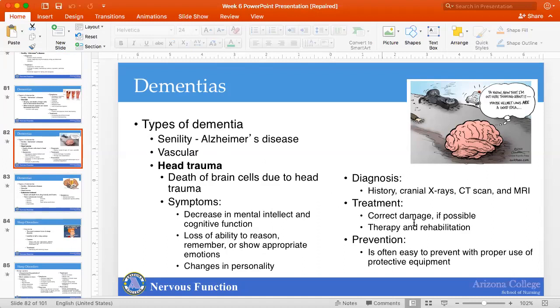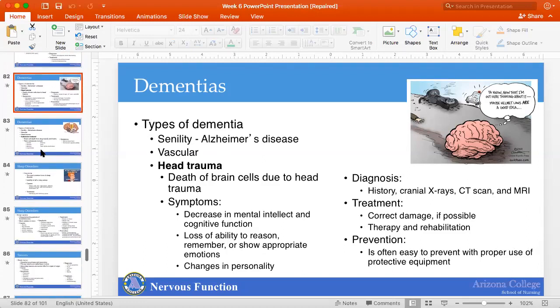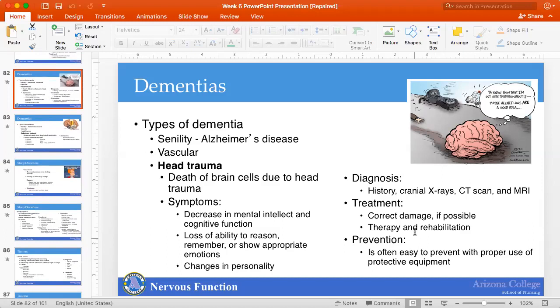Treatment: looking at correcting damage, if possible. Therapy and rehab. It's often easy to prevent with proper use of protective equipment. So that's kind of been the focus of a lot of sports, is trying to prevent head trauma to begin with.